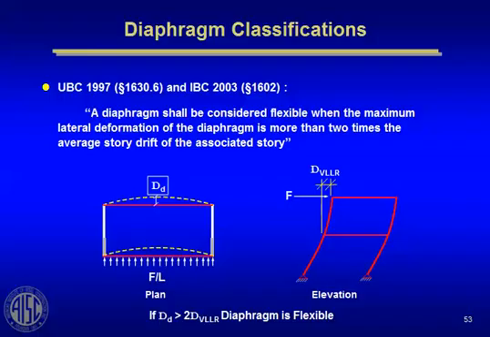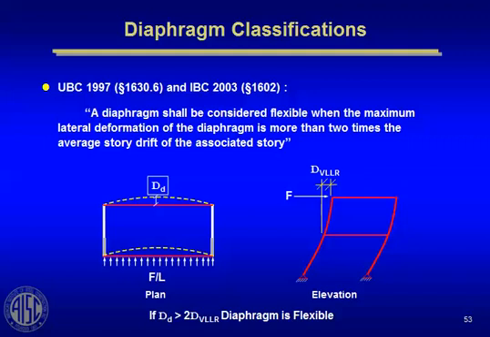Okay, the IBC 2003 and also the 2006 edition do define what is a flexible diaphragm. The diaphragm shall be considered flexible when the maximum lateral deformation of the diaphragm, looking in plan, that's that delta D dimension right here. That is, the yellow line represents the deflection of the diaphragm as a horizontal beam.